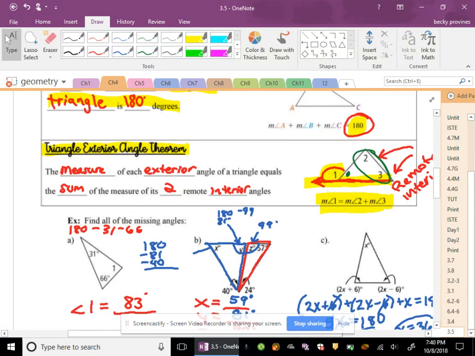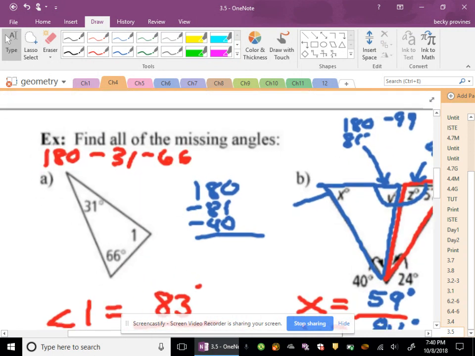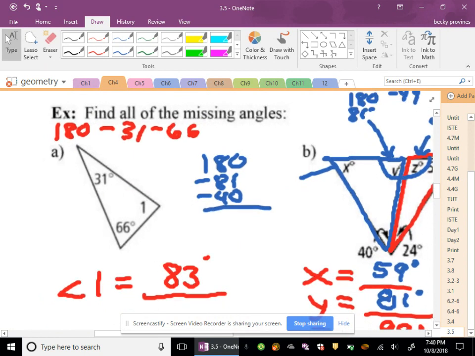Now we have to find all these different angles, and it's pretty easy. So grab a calculator, and we're just going to be subtracting a lot. The first figure is a triangle, so we always start with 180 degrees, and I'm going to subtract away these two angles that are provided.